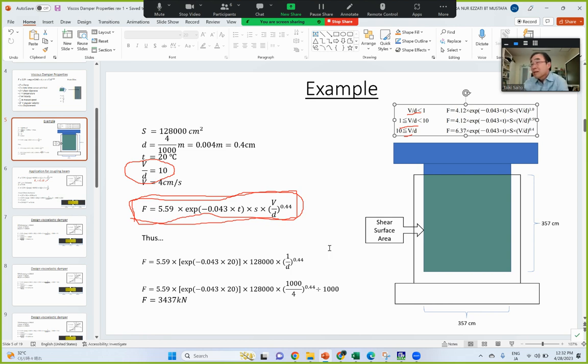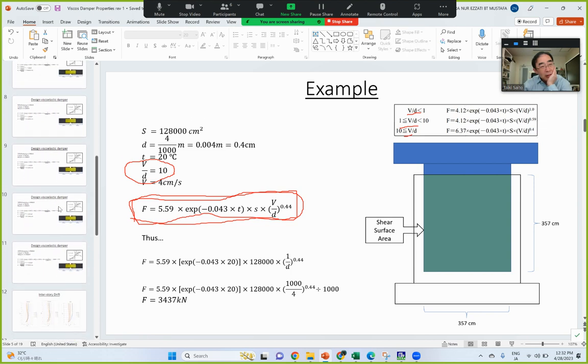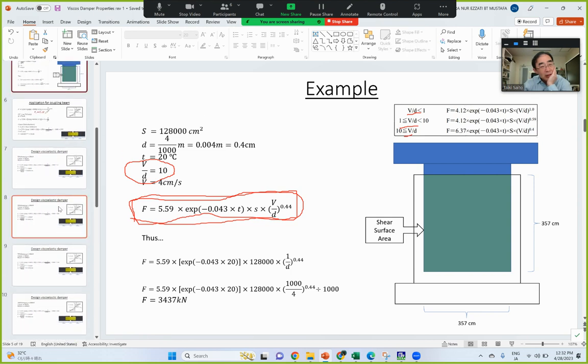Let's see. Suppose we have a building, and the ground acceleration is 300 gal.